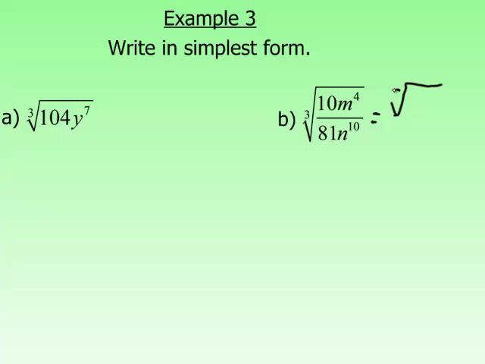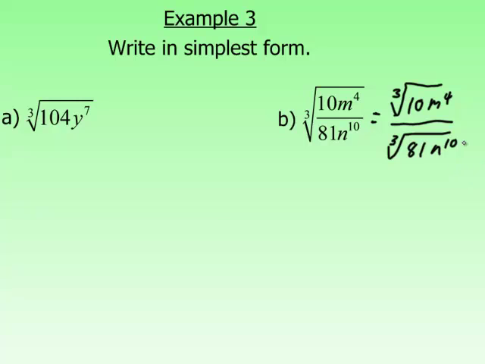So I'll have the cube root of 10 m to the 4th over the cube root of 81 n to the 10th. Okay, so I'm going to now simplify these cube roots.